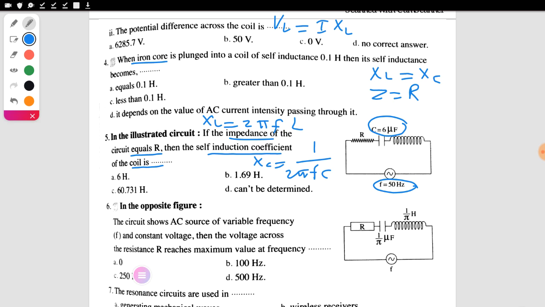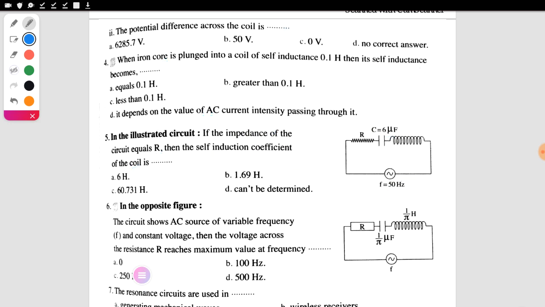In the opposite figure, the circuit has an AC source of variable frequency F and constant voltage.